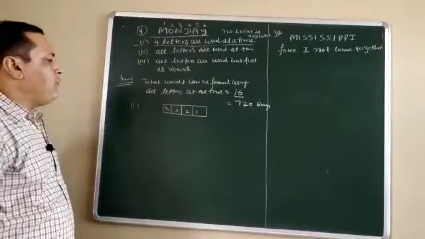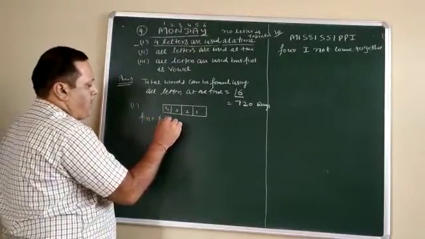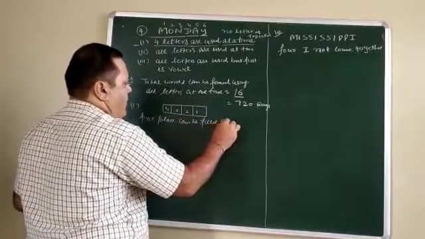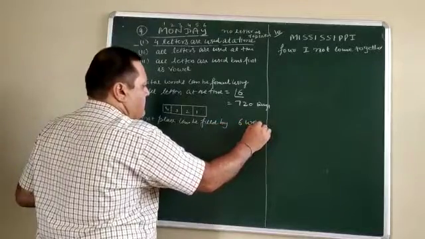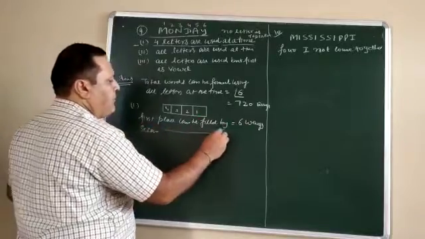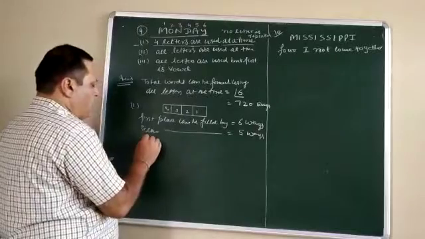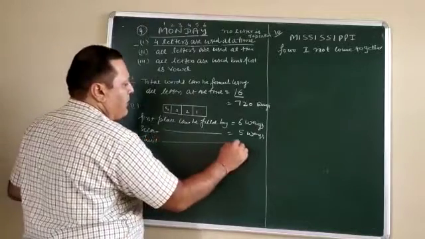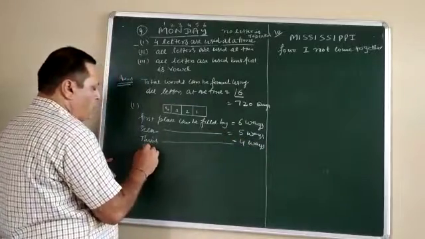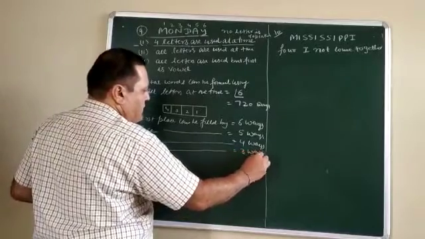So the first place can be filled by 6 ways. Second place can be filled by 5 ways. Third place can be filled by 4 ways. And fourth place can be filled by 3 ways.